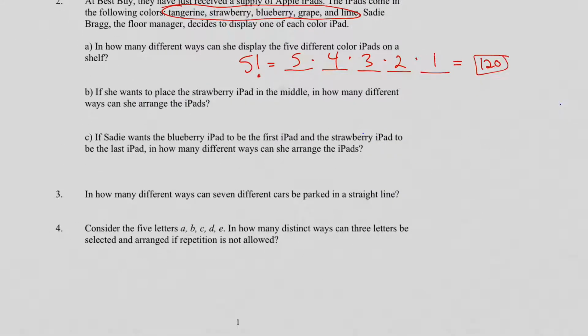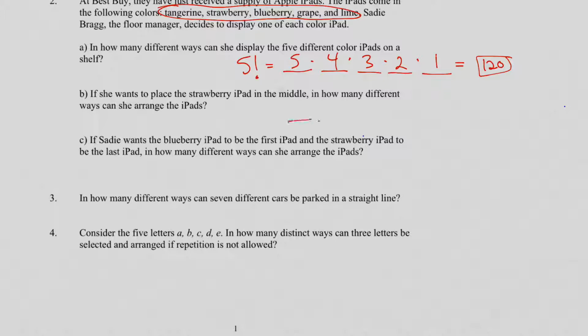Okay. Now, here's a restriction. She wants to place the strawberry iPad in the middle. So how many options does she have for the middle?